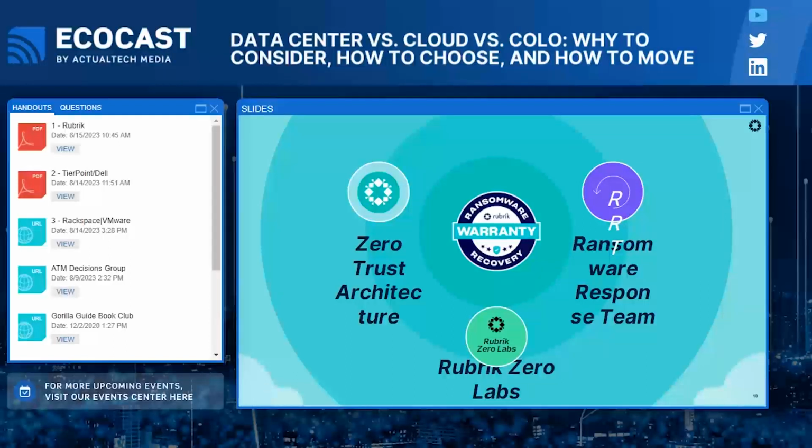This is a free service that every one of our customers gets. This is not something you have to pay for. If you call into our support line and you mention the word ransomware, you're automatically routed to this team, and they hold your hand through the recovery, and they leave when you tell us to go away. So know that team exists and is there to help you through any sort of impact.